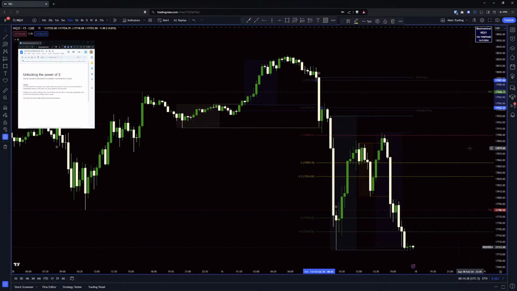Look at this. You project the fair value gap and you get the terminus of the move, dude. It's crazy. So that can give you another little hint at where the move can go.